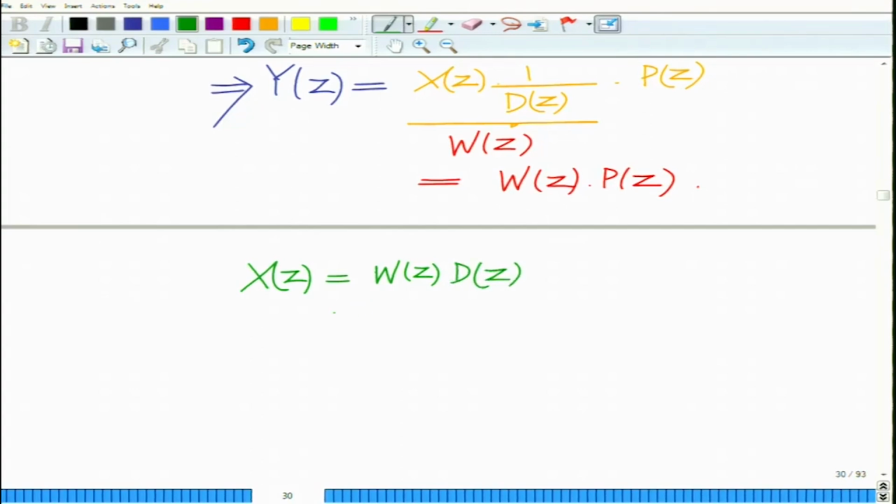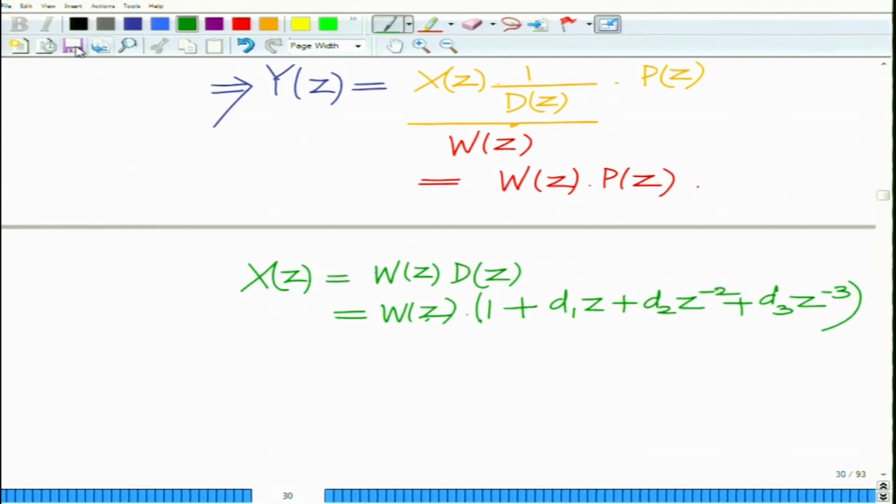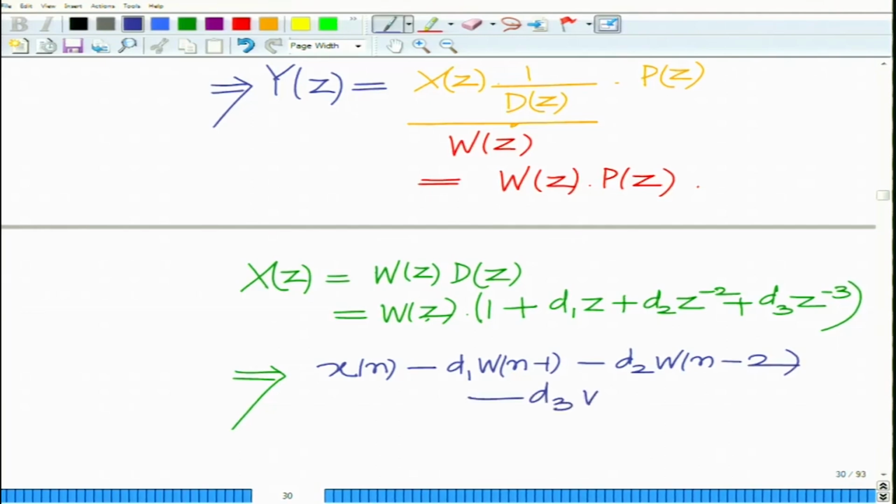Okay. And therefore, if you look at this, we have X(z) equals W(z) times D(z) equals W(z) times 1 plus d1 z^-1 plus d2 z^-2 plus d3 z^-3, which implies I can now write, converting it into the time domain, x[n] minus d1 w[n-1] minus d2 w[n-2] minus d3 w[n-3].